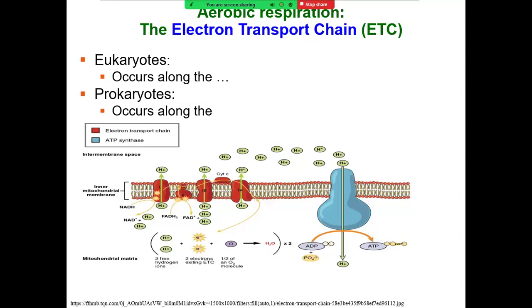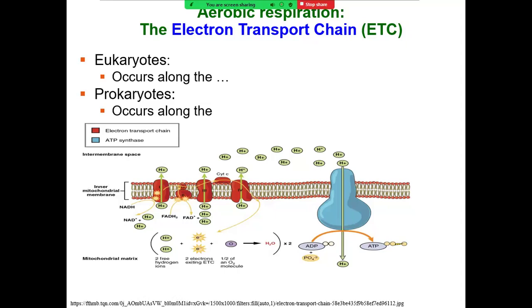All right. So we have a bunch of hydrogen ions which are pumped from this side of the membrane to that side of the membrane. That creates a potential energy difference between this side of the membrane and that side of the membrane. This potential energy is from the hydrogen ions wanting to move from this side of the membrane to that side of the membrane. And the gradient is twofold.